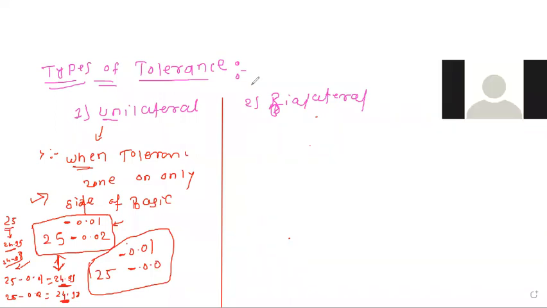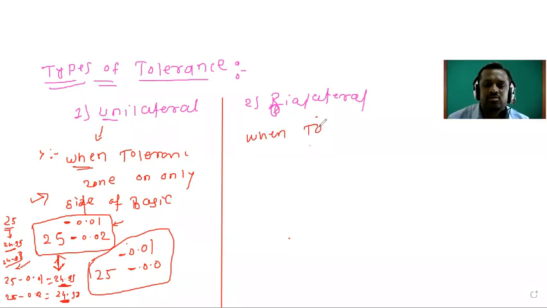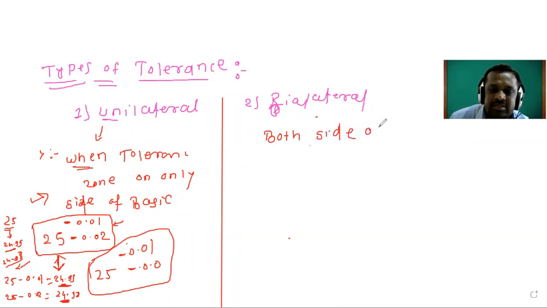When we are showing the tolerance on both sides of the basic size, the upper limit and lower limit, both sides of the basic size. In simple language, how can we write it here?